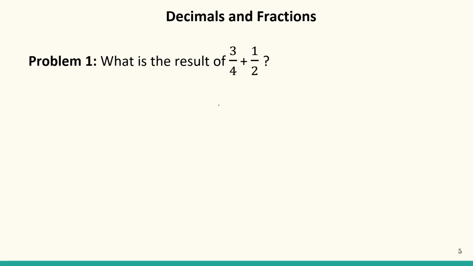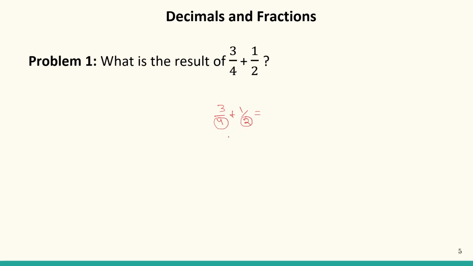So we need to calculate 3 by 4 plus 1 by 2. In order to get its answer, we need to compare the two denominators. Here one denominator is 4, one is 2.